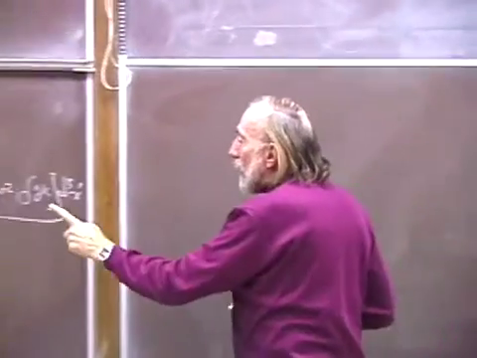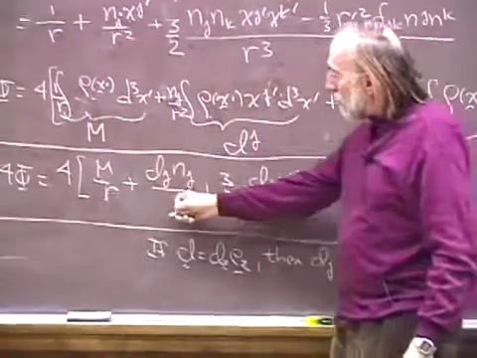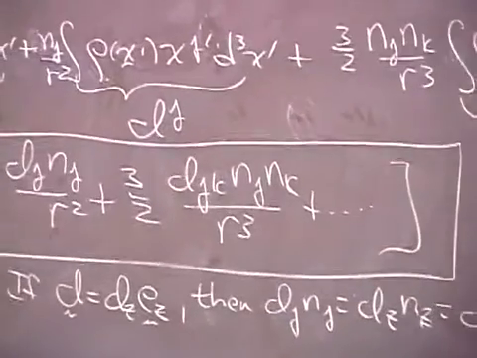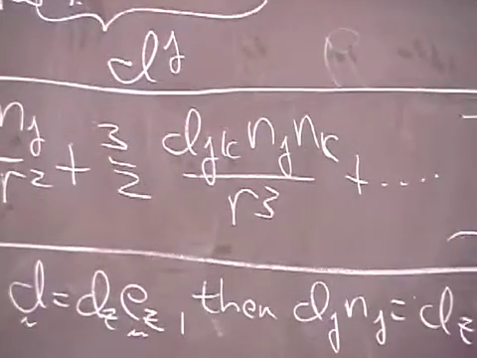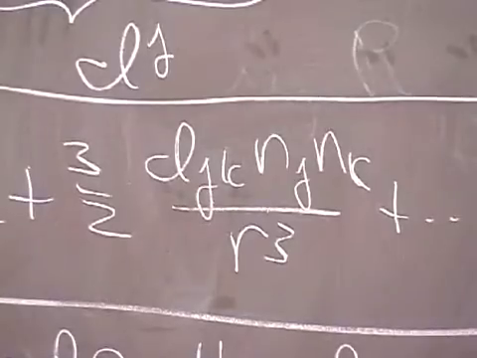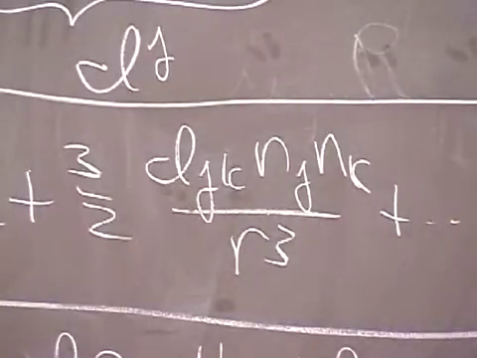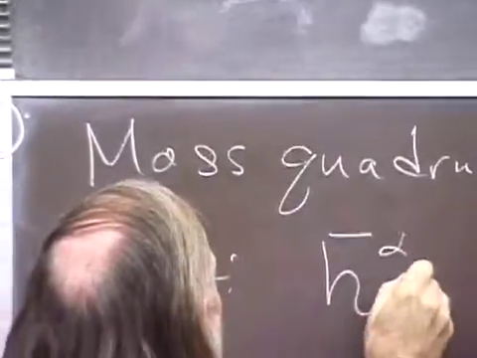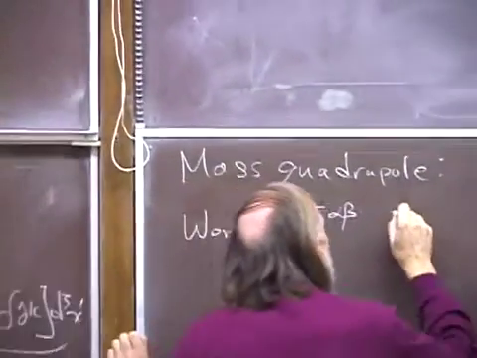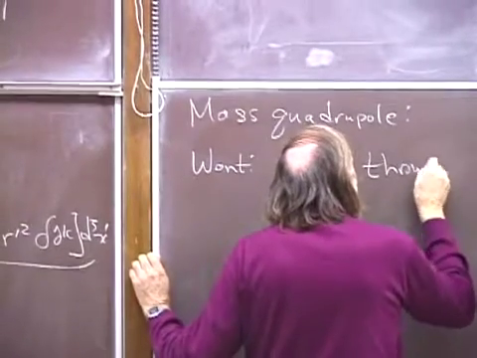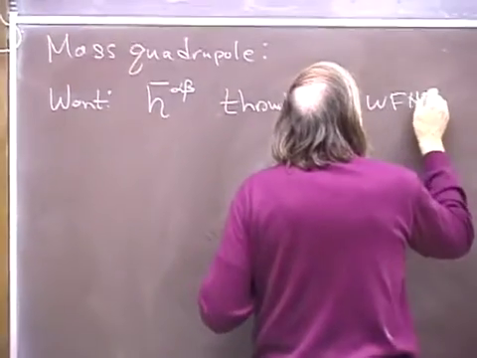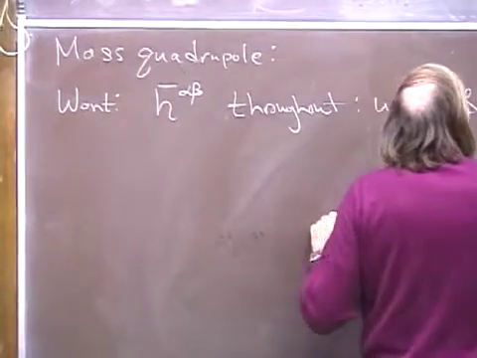So I'm going to focus only on the mass quadrupole term. We already know that these other terms are not going to produce radiation. I want to look at that mass quadrupole term, and what I need to find is some expression for h bar alpha beta that is valid throughout the weak field near zone and the local wave zone.